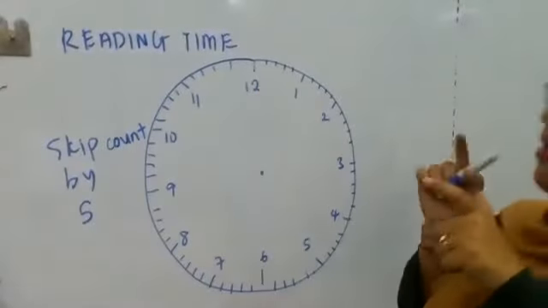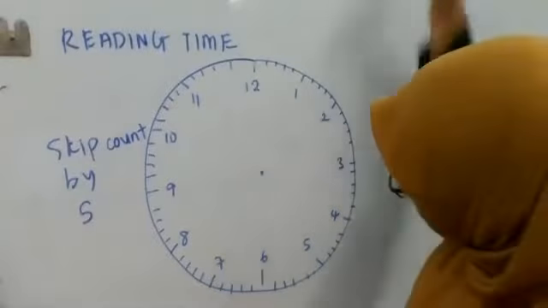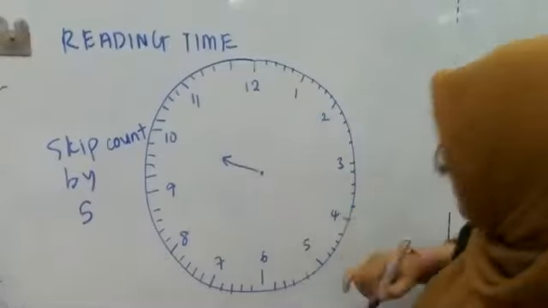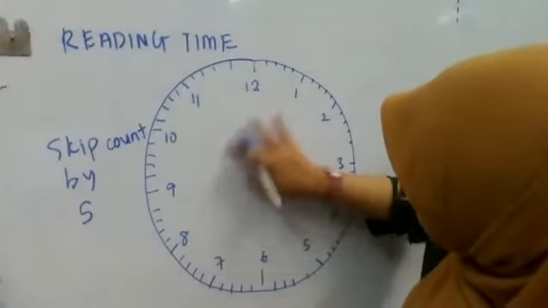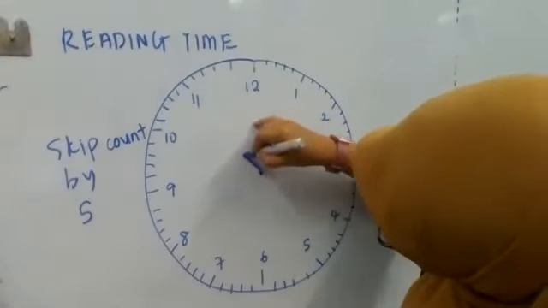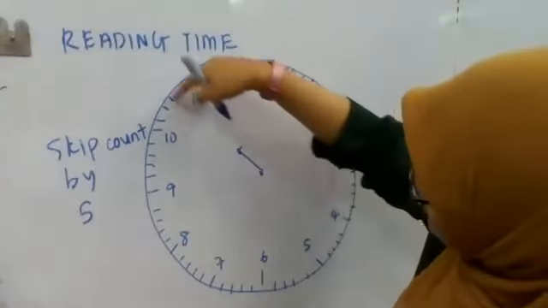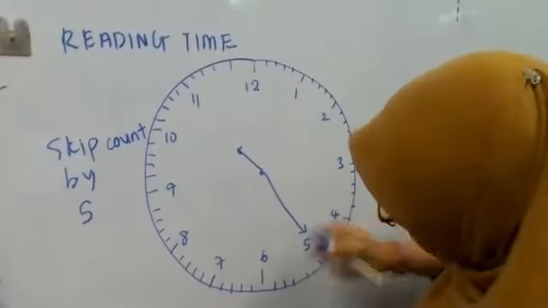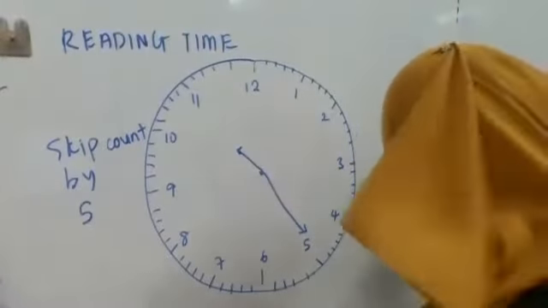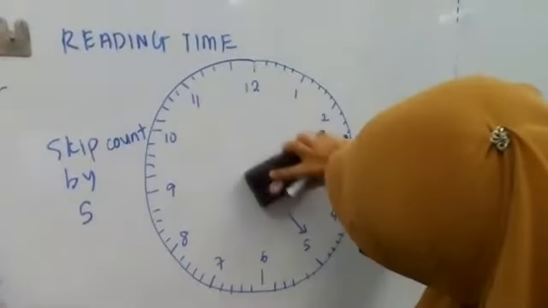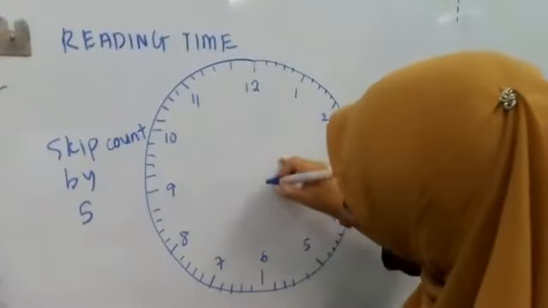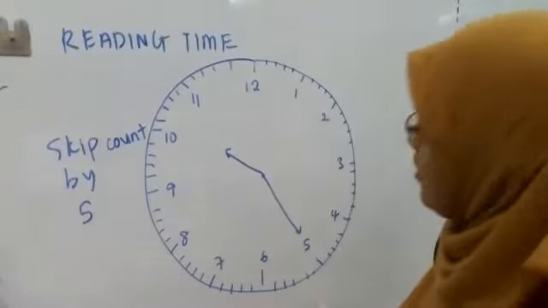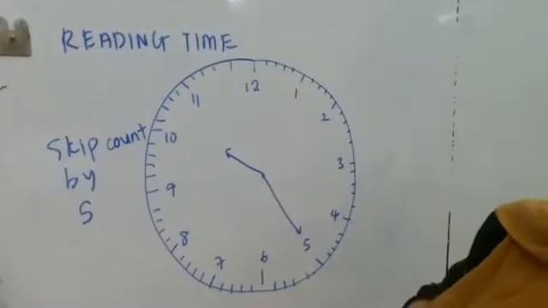Okay, skip count by 10. For example, if this short needle points at number 10, and then this long needle points at number 5. Short needle here, and then long needle here. How do you skip count?